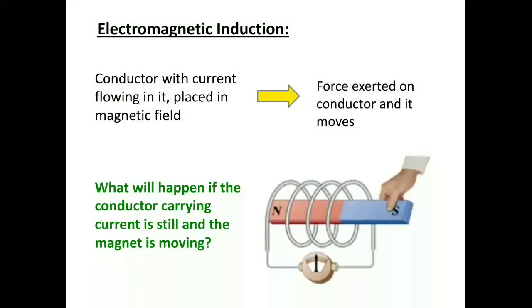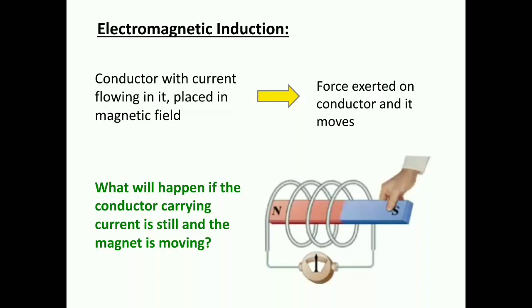Now let's see what is electromagnetic induction. We have seen that if a current carrying conductor is placed in a magnetic field such that the direction of the current flow is perpendicular to the magnetic field, a force is exerted on the conductor and it moves.